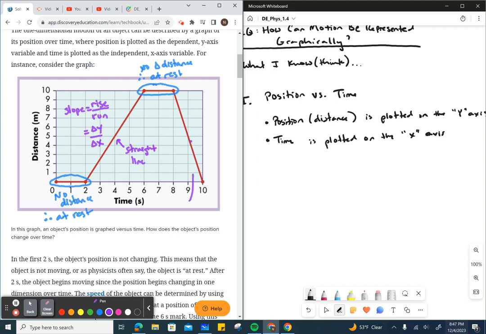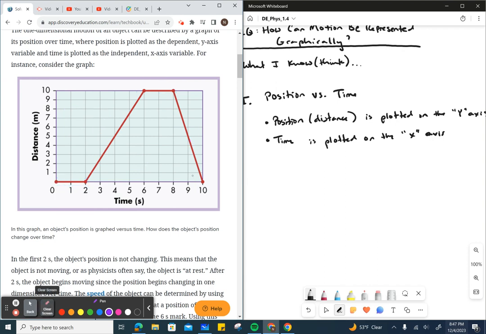And what would that slope actually give us? If you're talking about distance over time, you'd be talking about your average speed.